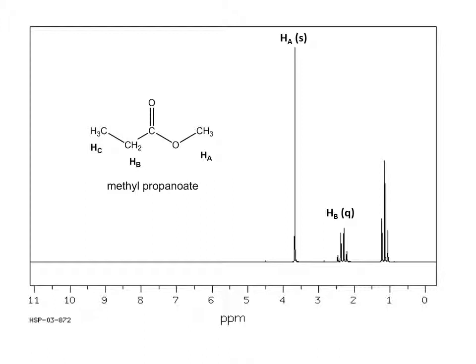So therefore, by the n+1 rule, we should get 3 plus 1 or 4 peaks, which is a quartet. And Hc is a CH3 group next to a CH2 group. So the CH2 group causes you to have 2 plus 1 peaks for Hc. That would be a triplet.